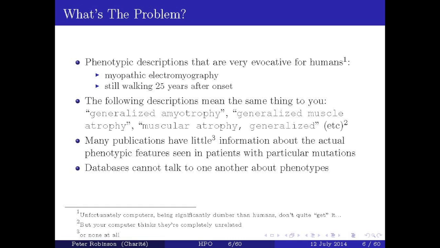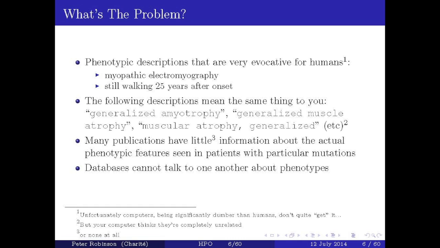Another thing that is maddening in biomedical research are things like this: myopathic electromyography. What does that actually mean? It's actually not a phenotype. That's an odd description that evokes many things, perhaps, in your mind, but it's really not something that a computer can deal with.